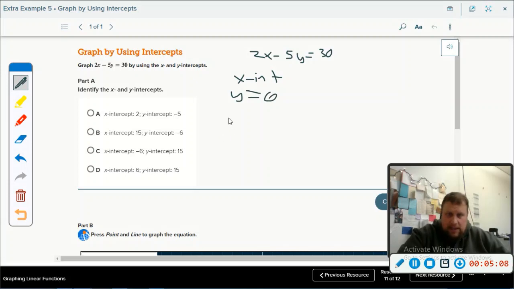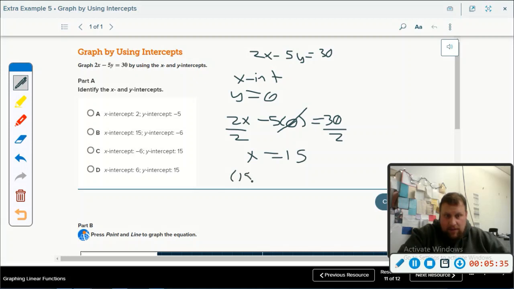So because of that, let's solve it. I'm going to have 2x minus 5 times 0 equals 30. And anything times 0 is 0. I just have 2x equals 30. Divide both sides by 2. And I get that x equals 15. So I know that my x-intercept is at 15, 0.